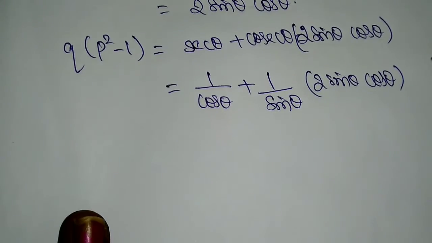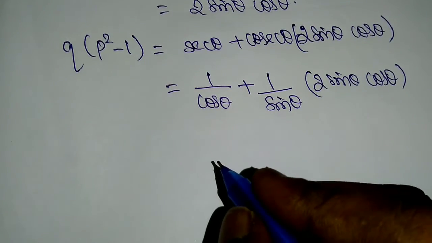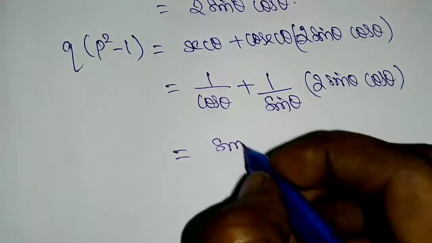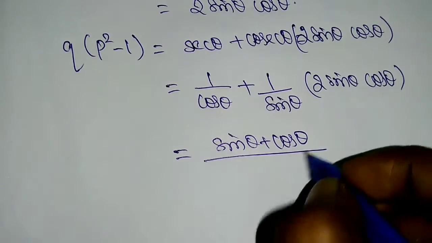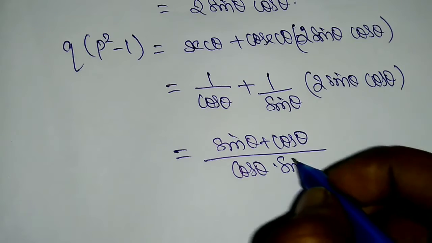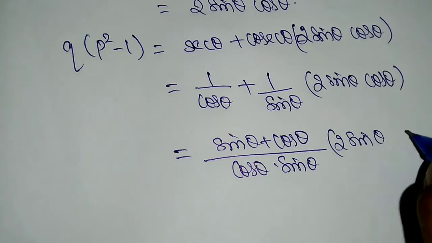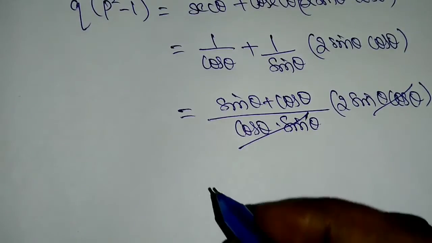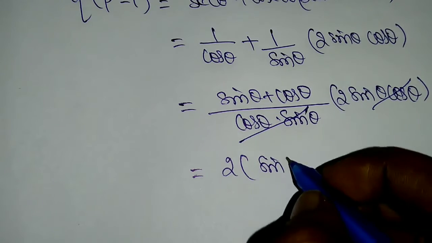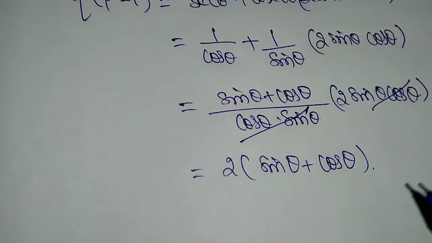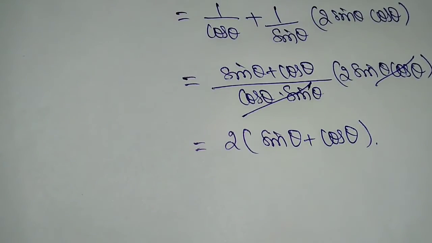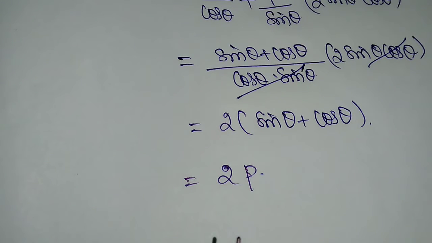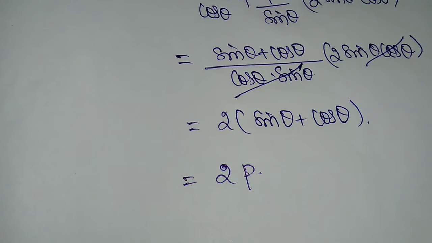Now we are going to take LCM. So (sin theta plus cos theta) divided by (cos theta into sin theta), into 2 into sin theta into cos theta. Here cos theta into sin theta cancel. Here we get 2 into (sin theta plus cos theta). Here P is equal to sin theta plus cos theta. So here we get 2P. Hence proved that Q into (P square minus 1) is equal to 2P.